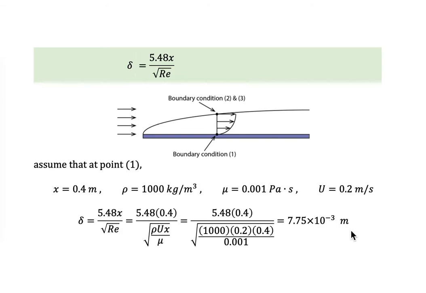Please remember that the boundary layer thickness is the distance from the surface to the location where the local velocity is 99% of the free stream velocity, measured in meters.